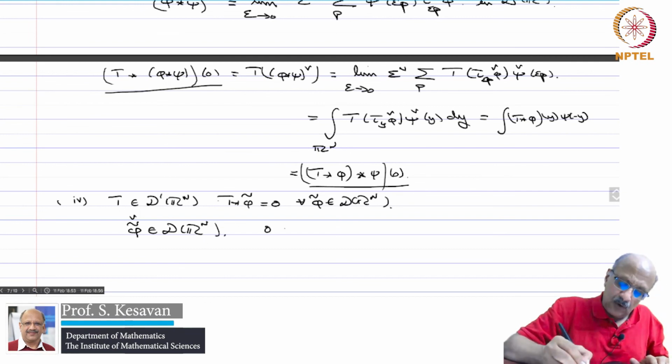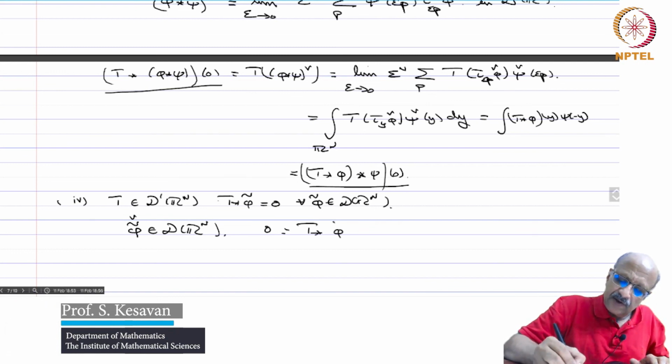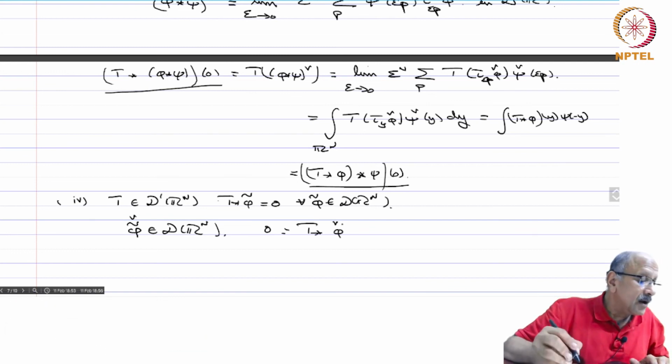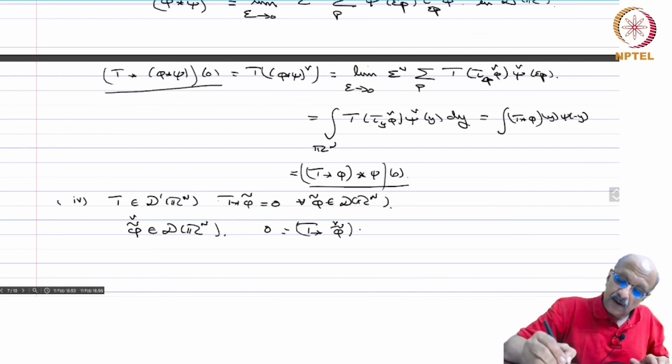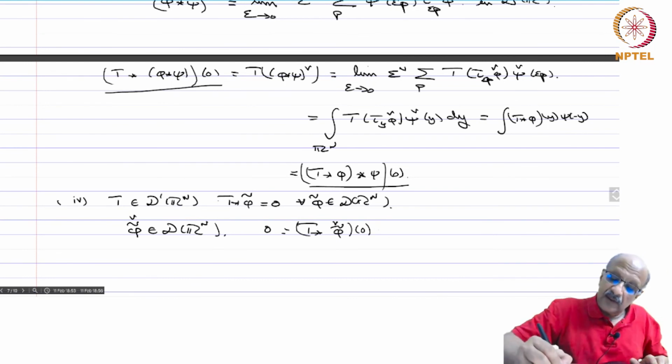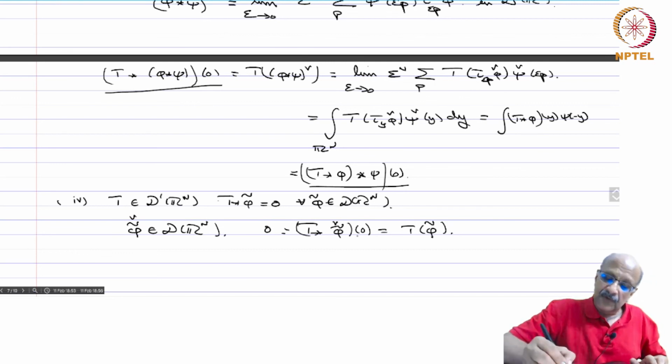Therefore, 0 equals T star of phi tilde chesh, in particular at 0, and that is nothing but T of phi tilde, because it is 0 everywhere.